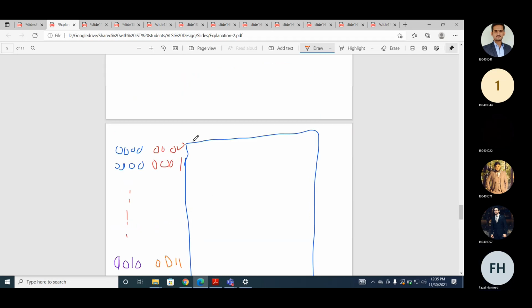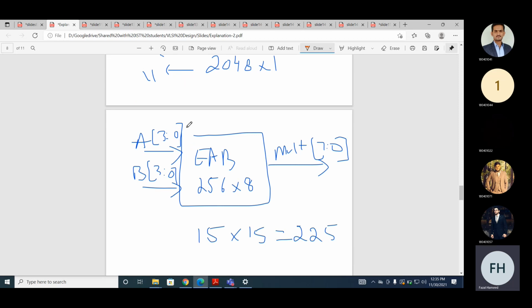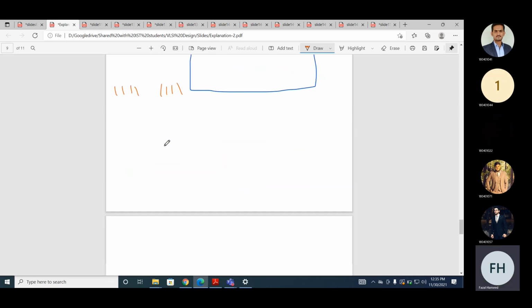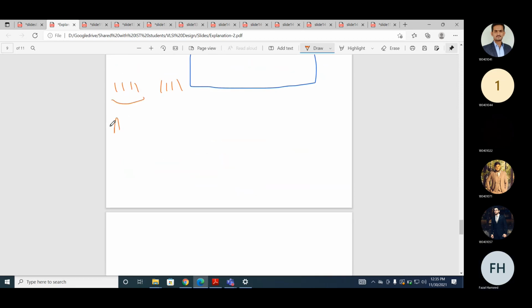Now which function are we implementing? This is A[3:0], and this one is B[3:0].